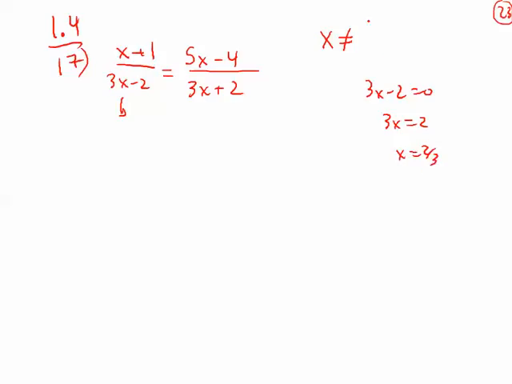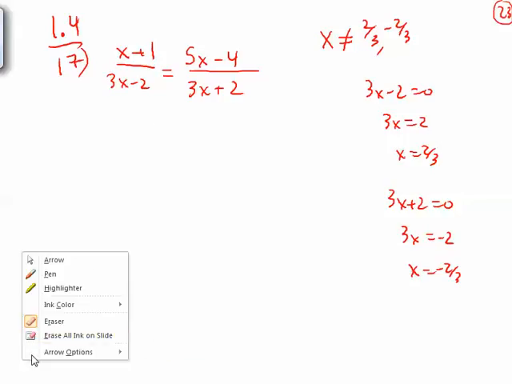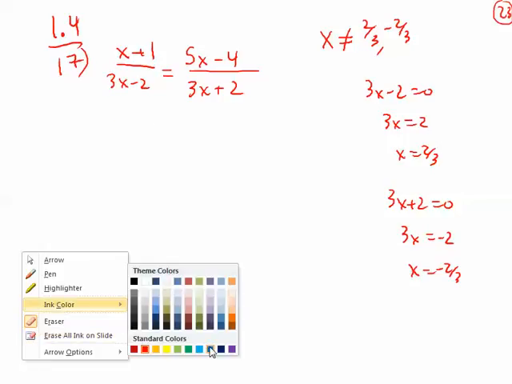When x equals 2/3, so I can't have 2/3 as my final answer. And then I go over here, put the other denominator set equal to 0, subtract 2, divide by 3, and I got this problem. So if any of my answers come out to be 2/3 or negative 2/3, I can't accept them as answers, because they just don't make sense. It makes it undefined.